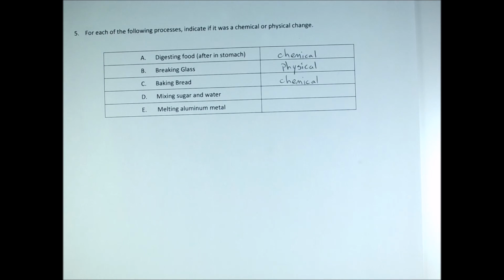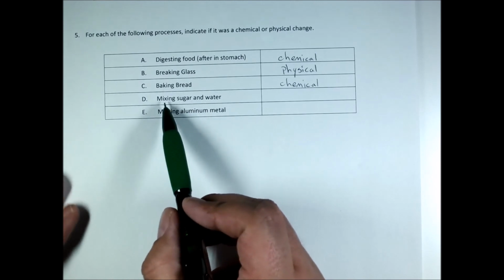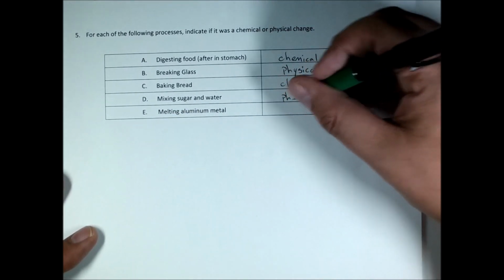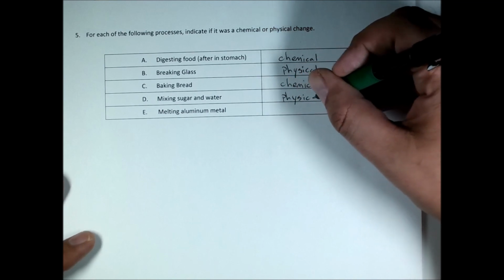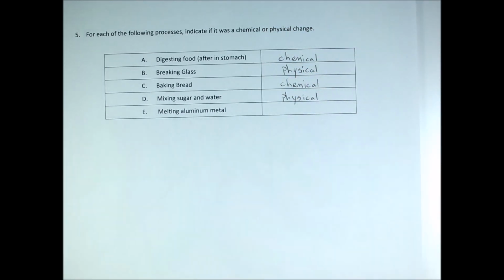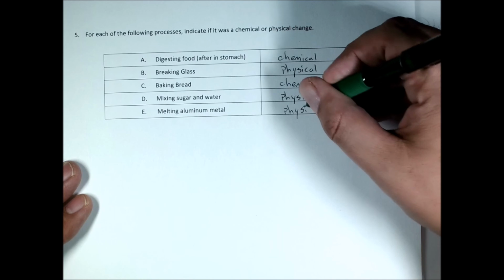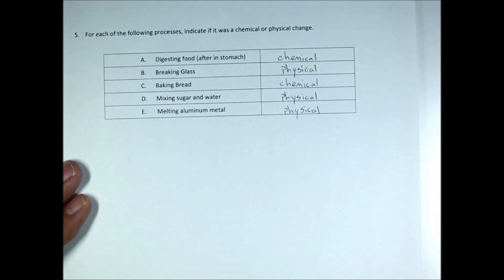It's pretty much done. You're not getting your eggs back. All right, next one here, mixing sugar and water. That is a physical change. Neither one of them will react. And then the last thing here is melting aluminum metal. It's a physical change, yes. All right.